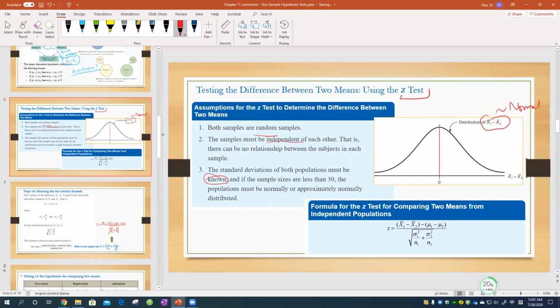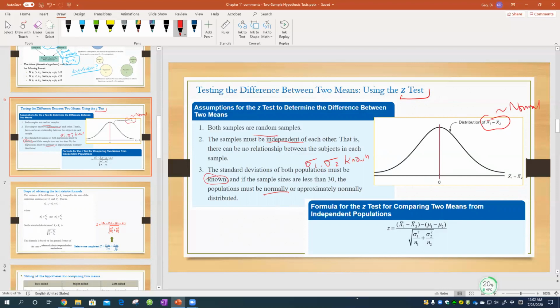So sigma 1 and sigma 2 are known. And we either have a large sample size, or we need a normal distribution if the sample size is small. That is actually from the CLT, the central limit theorem.